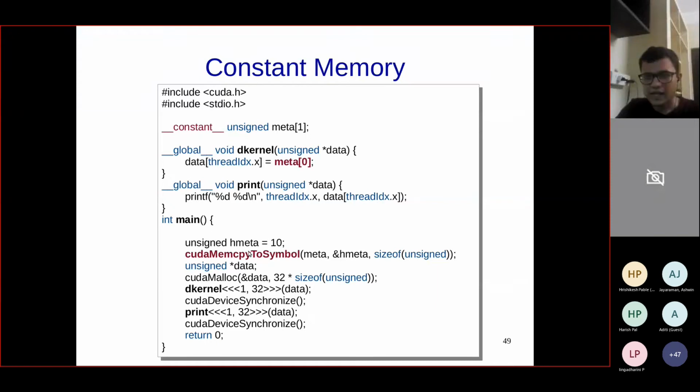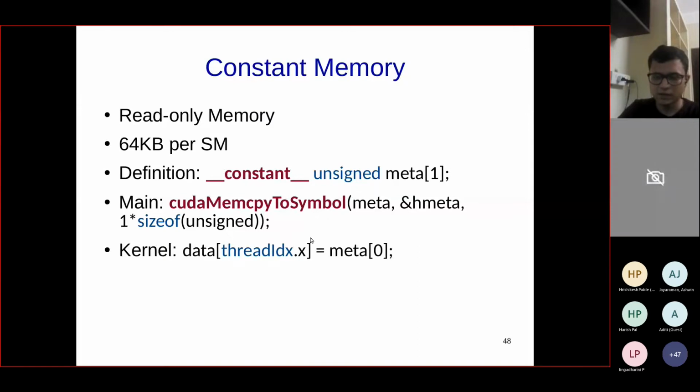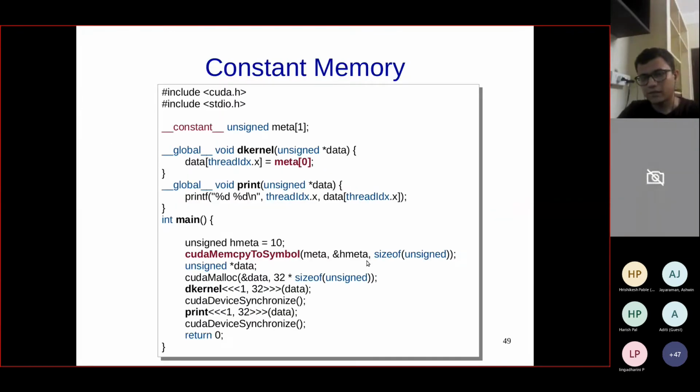We are declaring h_meta, which is some variable on CPU, initialized to 10. Then we are doing cudaMemcpyToSymbol, the way we did here, and we are copying the value of h_meta to meta. Meta is a constant variable declared on the GPU's constant memory, please remember. So from the CPU variable, we are copying the data to GPU's constant memory, and the size of the data transferred is one unsigned integer.